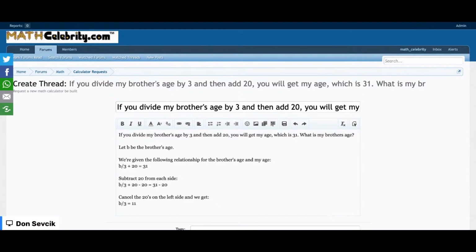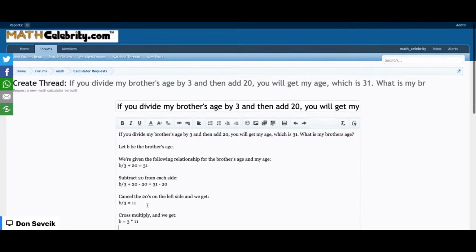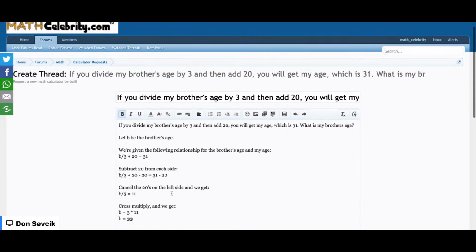And let me just check chat. Make sure nobody's coming in here. Great. All right. So B over 3 equals 11. Cross multiply, and we get B equals 3 times 11. B equals 33.